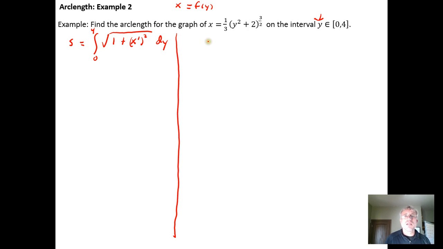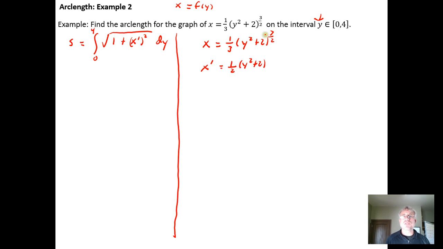So if we take the original equation, which is x equal to 1/3 of y squared plus 2, all to the 3/2, we can then take the derivative, because we need to do that. So this is my scratch work column, so x prime equals, and when we take the derivative, this 3/2 is going to come down, so 3/2 times 1/3 is going to give us 1/2. We'll have the y squared plus 2.